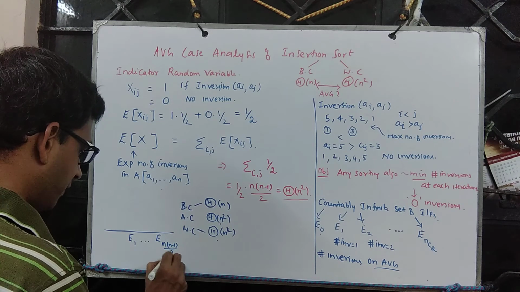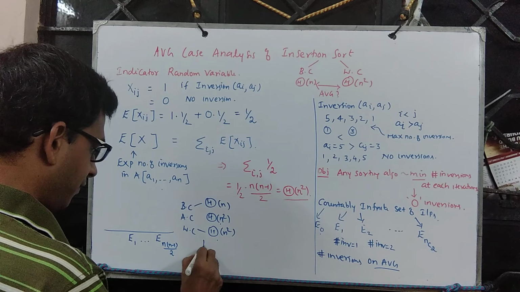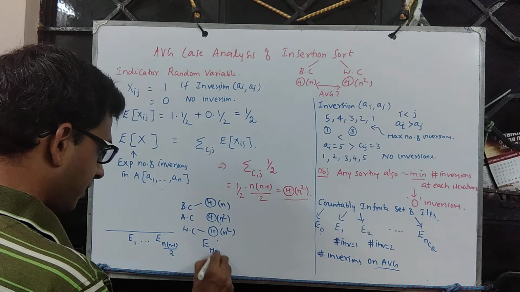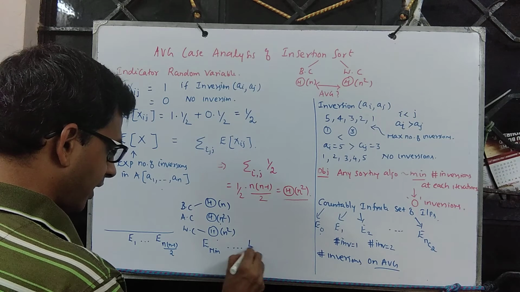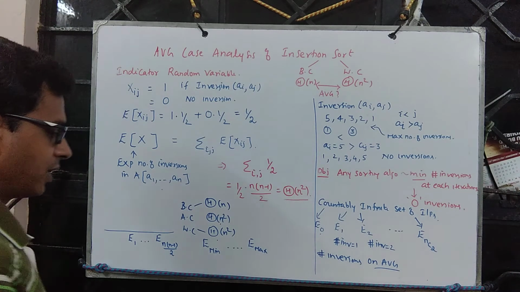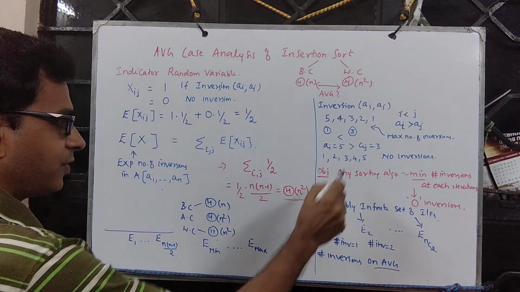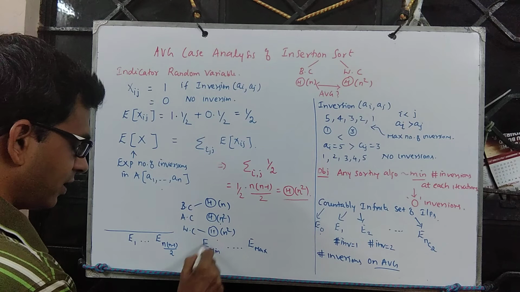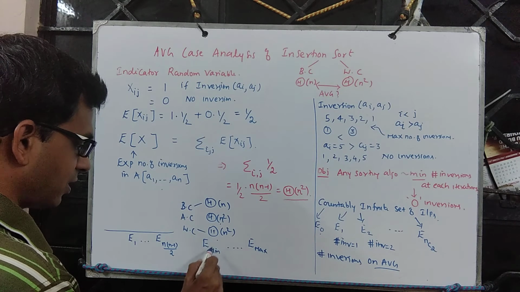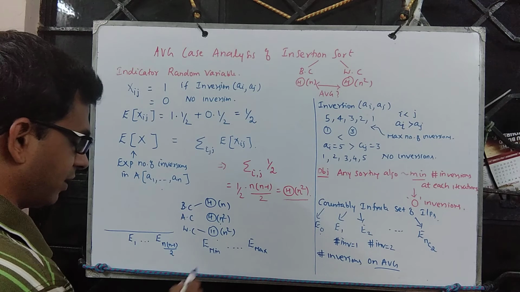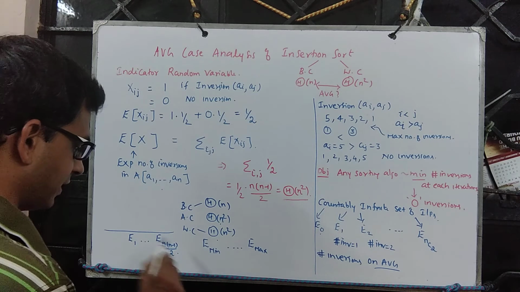Or I'll put it this way: for a given input, identify the minimum number of comparisons and the maximum number of comparisons. Classify the set of all inputs into equivalence classes: all those inputs for which it takes comparison 1, comparison 2, and so on up to this.